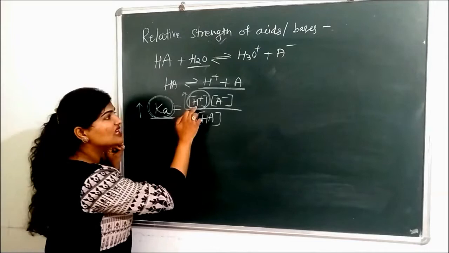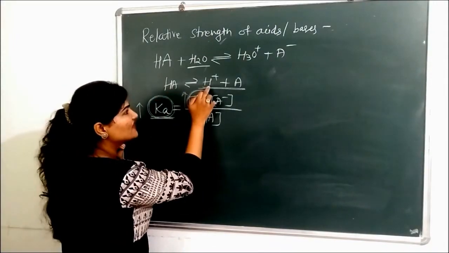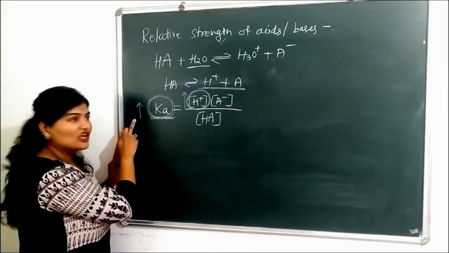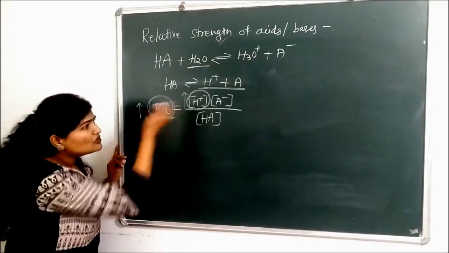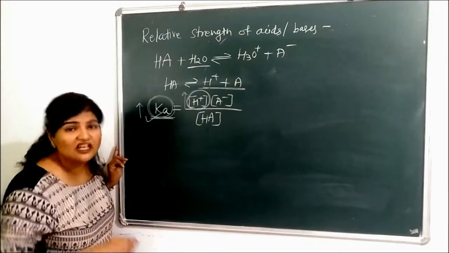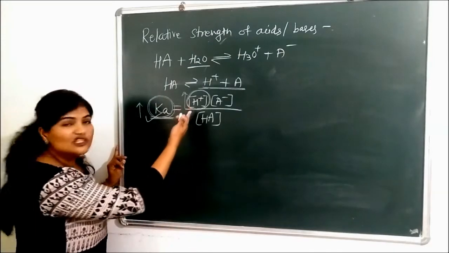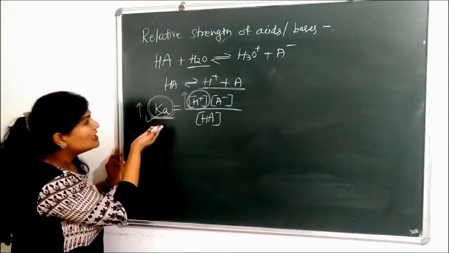If that acid is producing a higher number of H+ ions, the value of Ka will automatically be higher. So here we got a clear-cut indication about the strength of an acid. What is the strength of an acid? How many H+ ions that acid is producing, and that is directly related to the value of Ka.